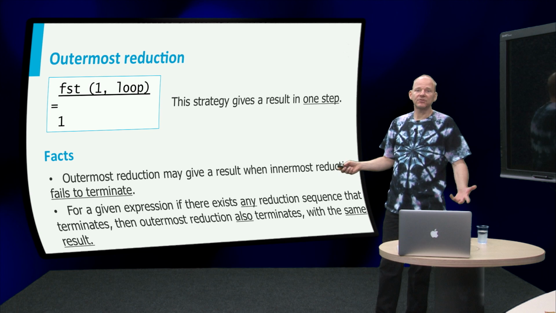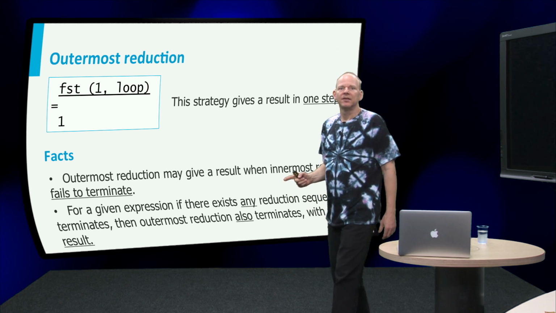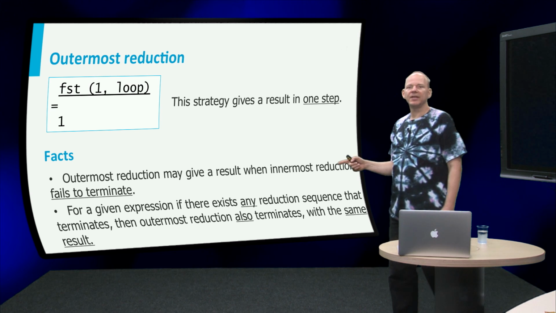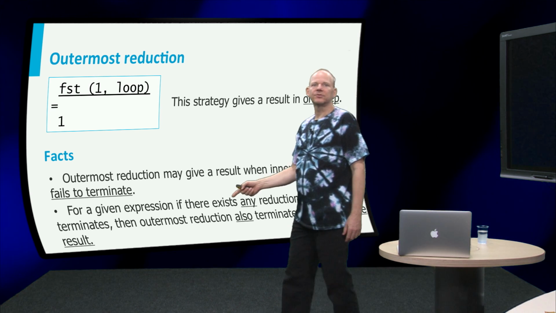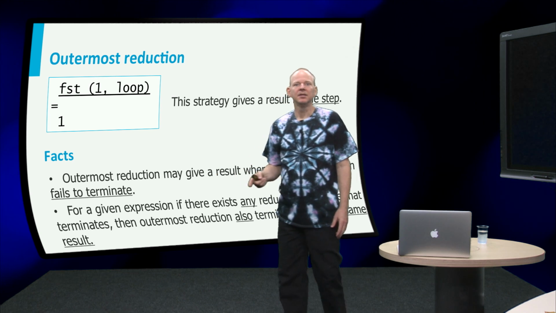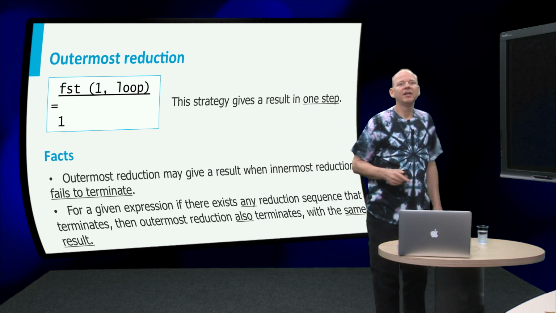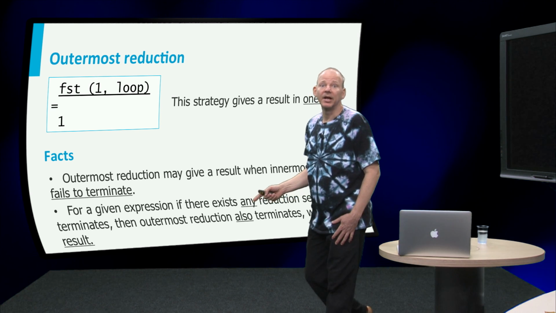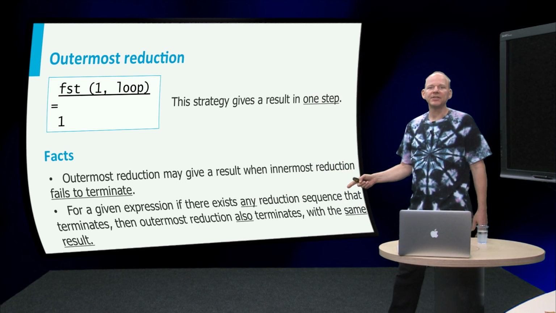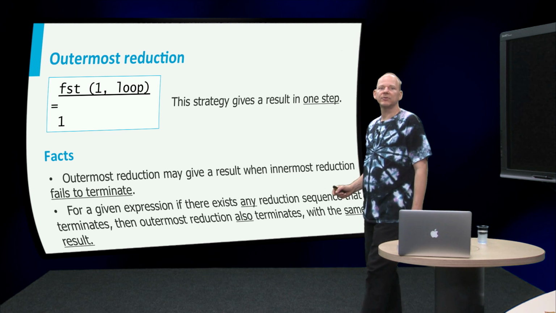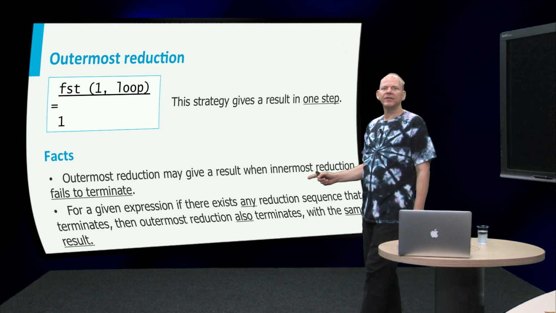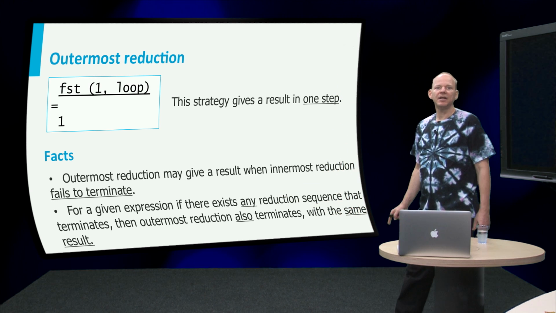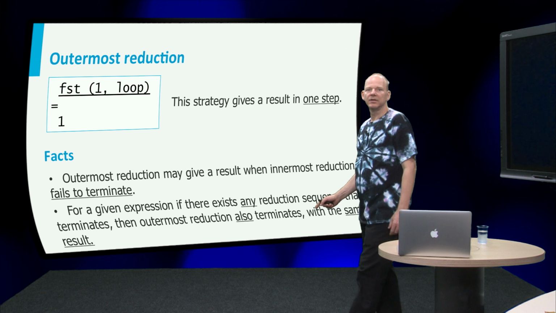Some facts here: the outermost reduction may give a result when the innermost reduction fails to terminate. And this is what we have seen. And the second fact is that if for an expression there exists a sequence that terminates, then the outermost reduction also terminates, and it will return the same result.